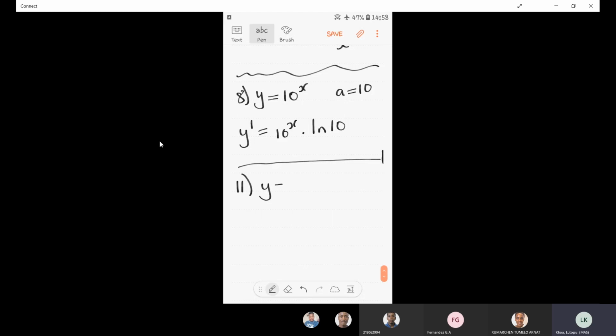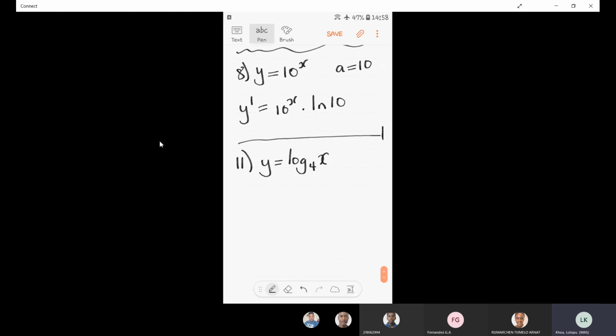We have y is equal to log 4x. Okay, this one is D5 on your table, and in this case, a is equal to 4. Now, you can see where they got it from by changing the base of the logarithm. So if I wanted to change this to ln, I would have ln of x over ln of 4.